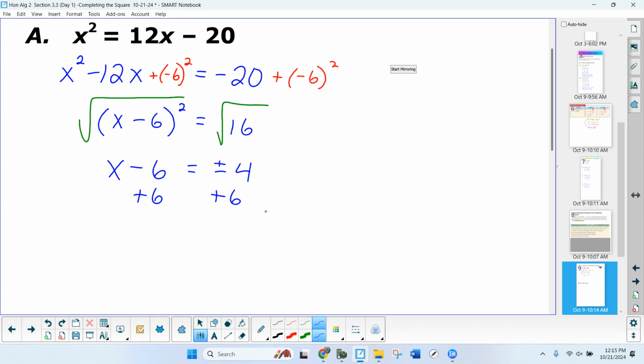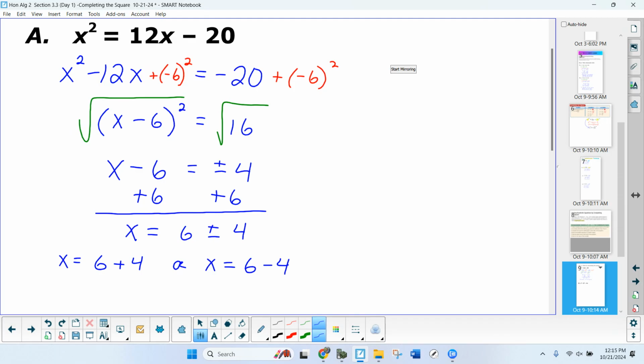And how have I told you a gazillion times to write this? 6 plus or minus 4. Now, you guys will miss stupid points if you don't do this. This is 6 plus 4 or 6 what? What's 6 plus 4? What's 6 minus 4?